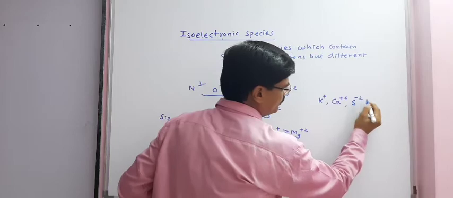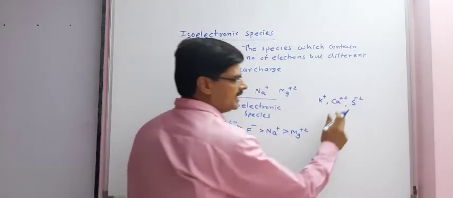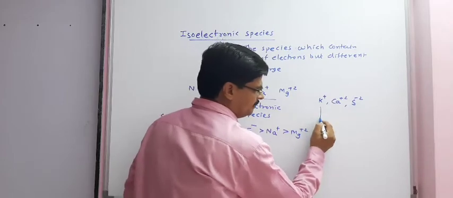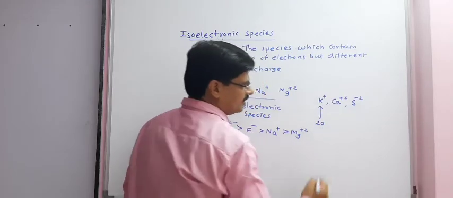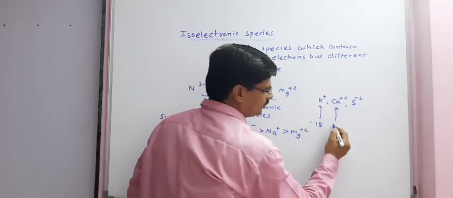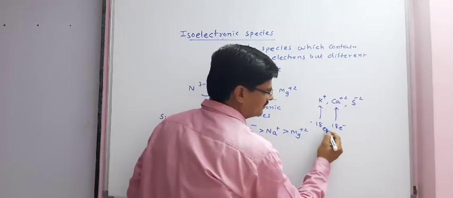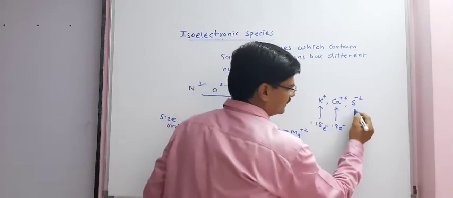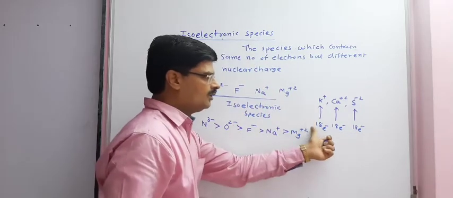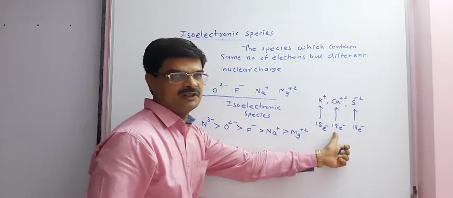Now S2 minus contains the same number of electrons as K plus. K plus contains 18 electrons. Ca2 plus also contains 18 electrons. S2 minus contains 18 electrons. So these are also isoelectronic species.